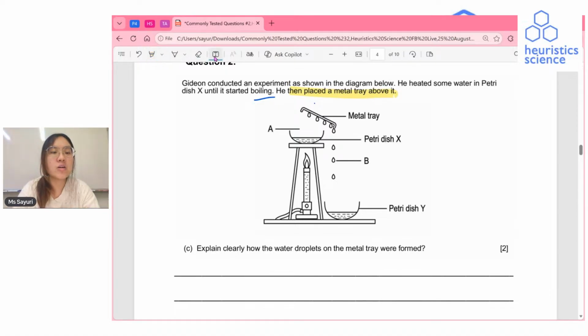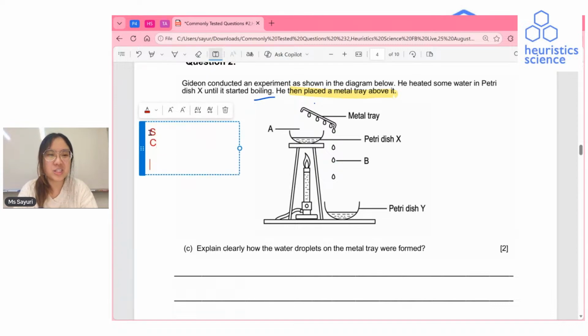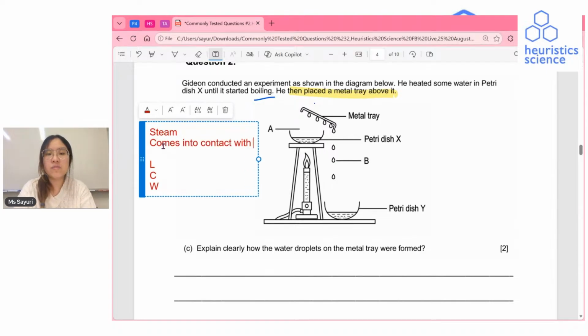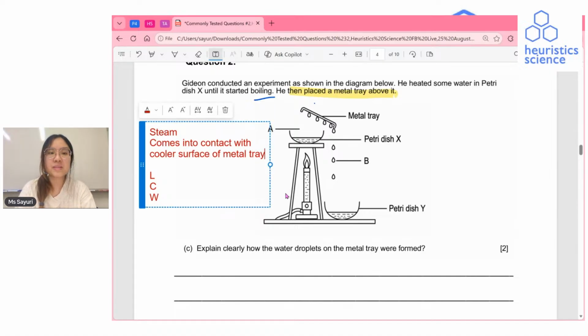So instead of wild cat love chicken wing, which is my formula, it's now stray cats love chicken wing. Now the stray cats, there's many cats. So we have steam comes into contact with cooler surface of metal tray. Then the other one is love chicken wings.